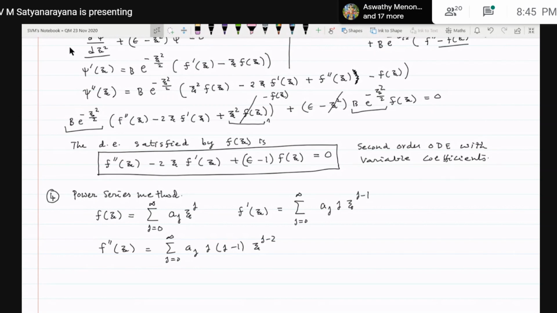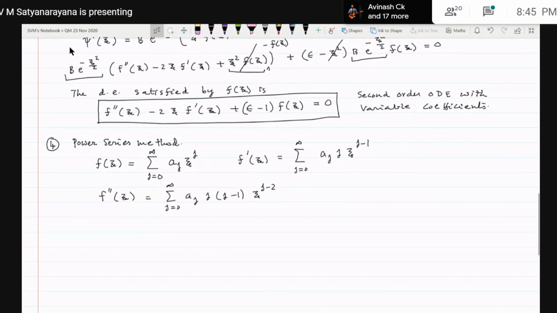So we are going to substitute this in this equation. So I have the sum over j equal to 0 to infinity of aj into j into j minus 1 into xi to the power j minus 2.